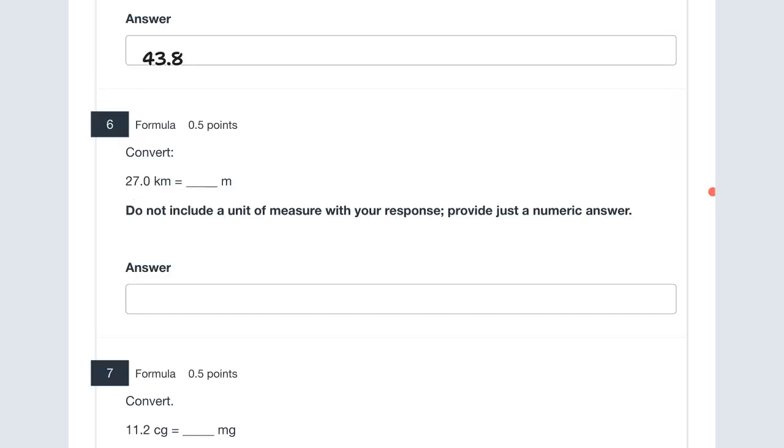Okay, so here's another one, metric conversion. We have 27 kilometers is equal to so many meters. Kilometers are bigger, so we need fewer kilometers and more meters. 1,000 meters is equal to 1 kilometer.